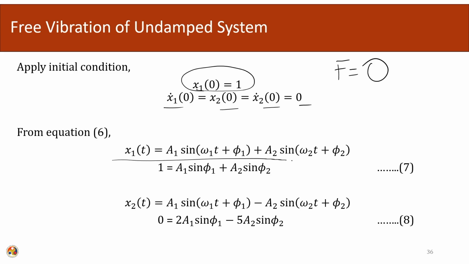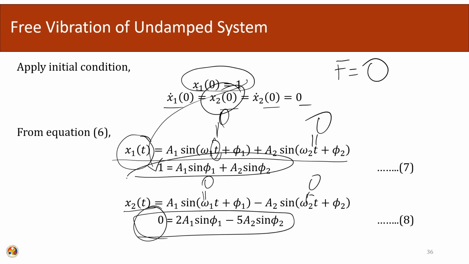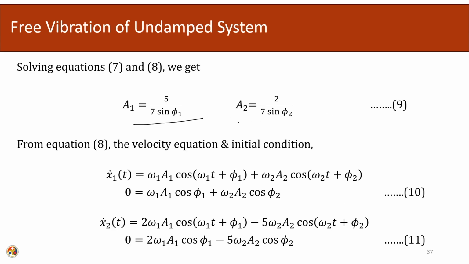In the first equation we put down the values: displacement at time t equals 0 equals 1. For the second degree of freedom, initial displacement x2 equals 0 at time t equals 0. So, we get the two equations, and we get the values of A1 and A2.